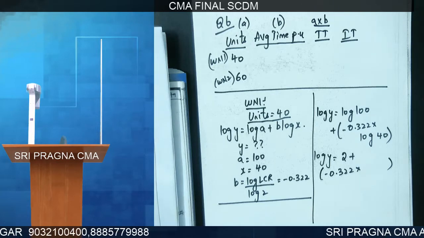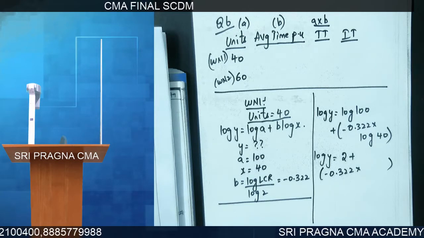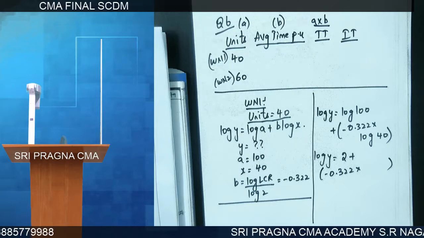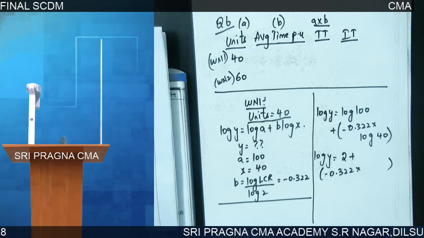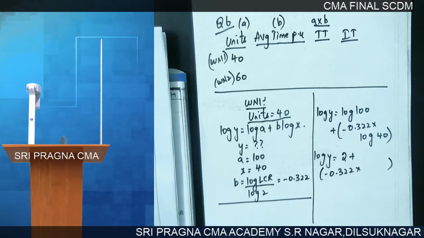He will not give log 40 directly. He will give some logs, and we have to do some calculation to get log 40. So how do we find log 40?